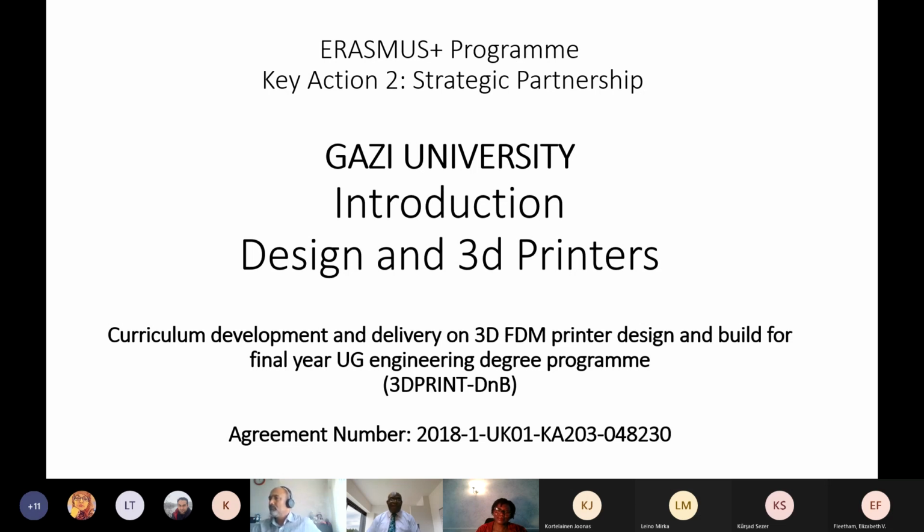This is an advert for them. This project did lead to a design and build of a new printer, which is now widely available commercially in the market, built by US McMec with support of Karabük University and Gazi University, partners based in Turkey. They will be presenting today and they will talk a bit more about that.